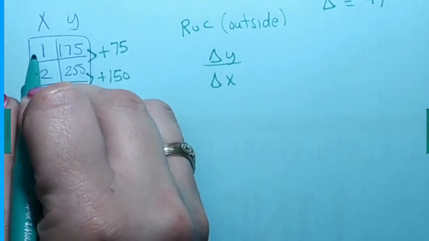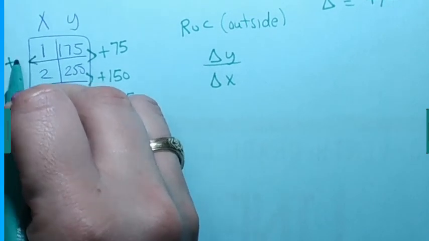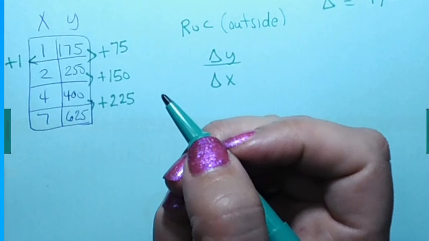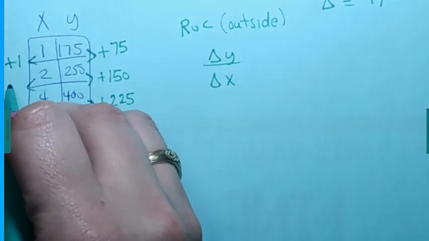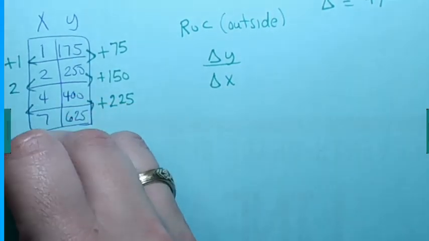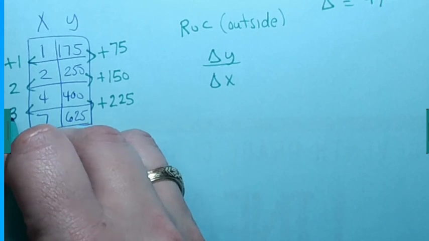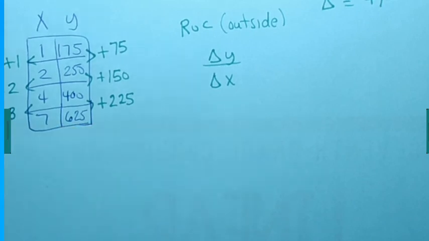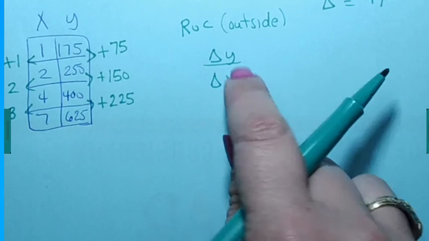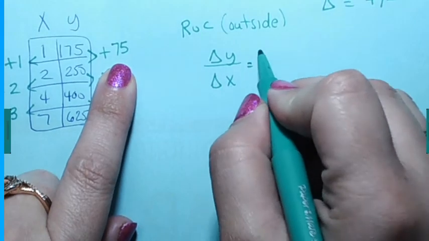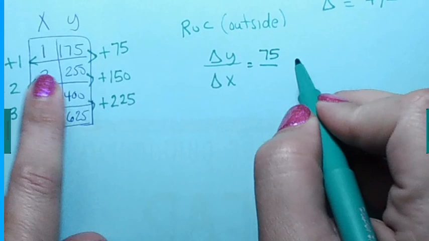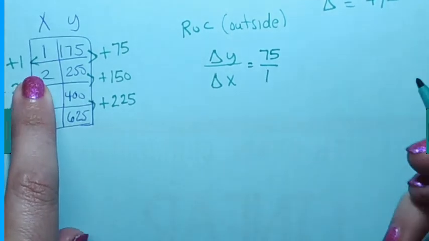Now we gotta do the x side. How do I get from 1 to 2? Plus 1. How about 2 to 4? Plus 2. 4 to 7? Plus 3. So now I'm going to do just like I did on the inside, and I'm going to put the y over the x. So 75 is first, and 1 is first.